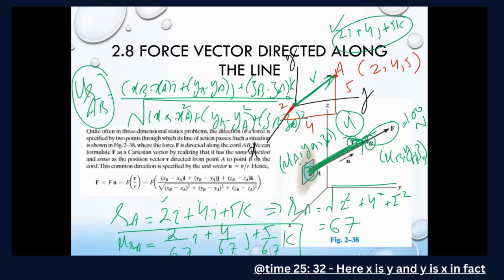If I know the unit vector and the magnitude 100, I simply multiply 100 with the unit vector and I convert it into a force. So this is the advantage: whenever we have position vectors, we can calculate unit vectors out of them and use these directions for the forces. I can construct the force vector even if I do not know alpha, beta, gamma, or theta or phi for the force. This is the main idea.